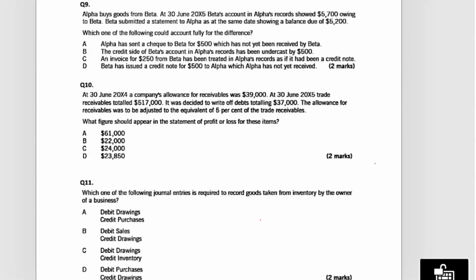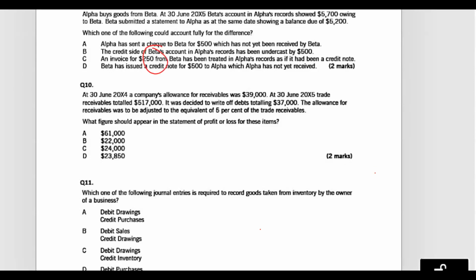First of all, we need to calculate the 5% trade receivable allowance. So multiply. We are moving with you, so once you speak, we'll calculate for you here. So 0.05, that's 5% of what? Of trade receivables, 517,000.